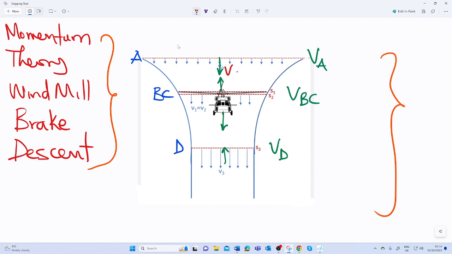So this becomes V infinity. This one pointing up becomes thrust, and the one pointing down is the induced velocity at BC, and this one is VD.